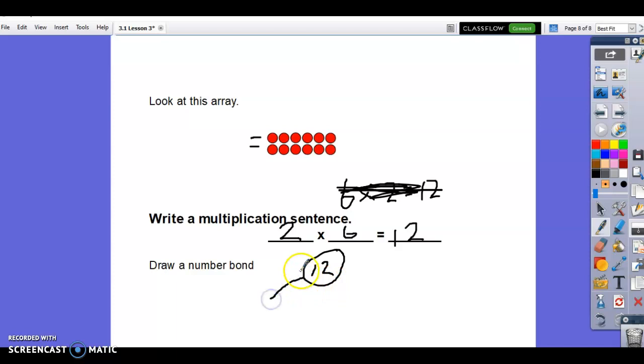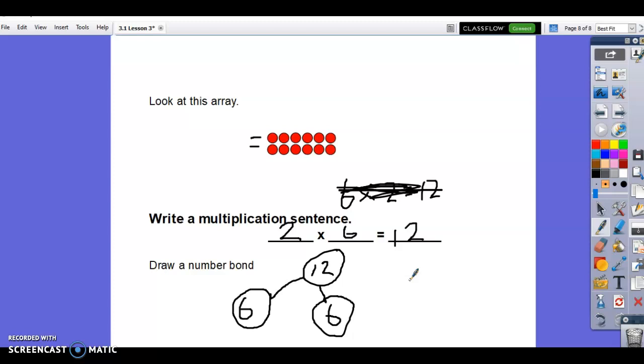So now I've got to figure out how many groups I have. So I see I have 1 group, 2 groups. So since I have 2 groups, I'm going to make 2 circles. That represents my 2. 2 represents the number of groups, and 6 represents the size of the groups. So now I can draw a number bond that represents my multiplication equation.